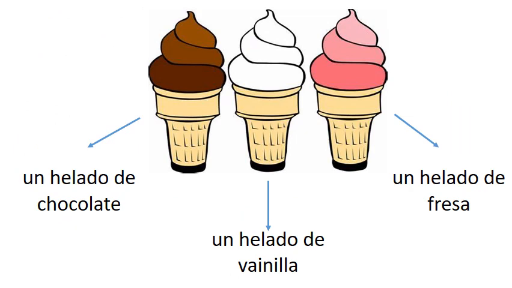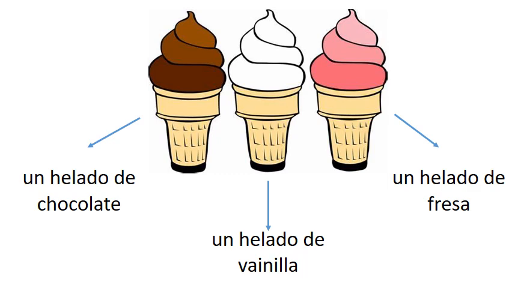And then I was offered 3 different types. So I had un helado de chocolate, un helado de vainilla, or un helado de fresa. Now notice, just like we did with our adjectives in the last lesson, they come after the noun in Spanish. So they say an ice cream of chocolate, an ice cream of vanilla, and so on.